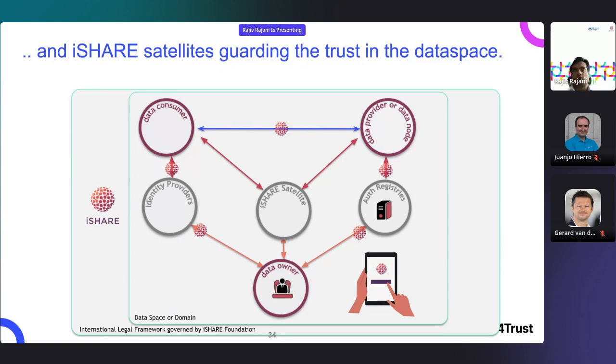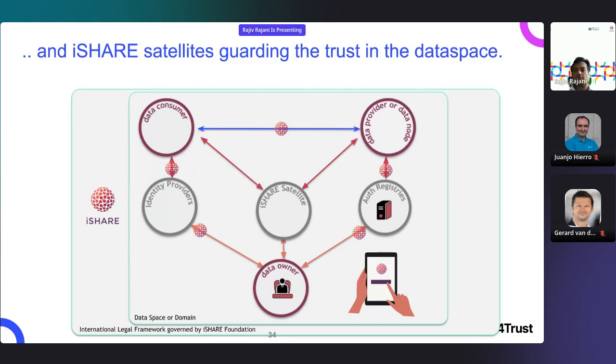And another role that is defined in iSHARE is the iSHARE satellite, which acts as the trust anchor or trust provider services. The iSHARE satellite is mainly a directory of all the participants within the data space, and it is based on distributed ledger technology.